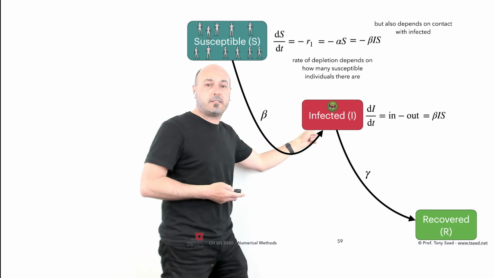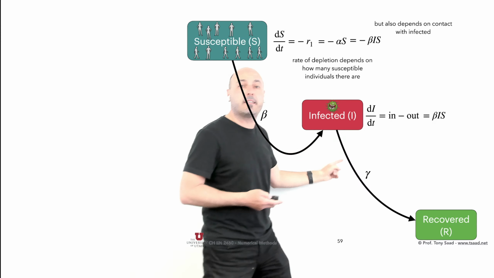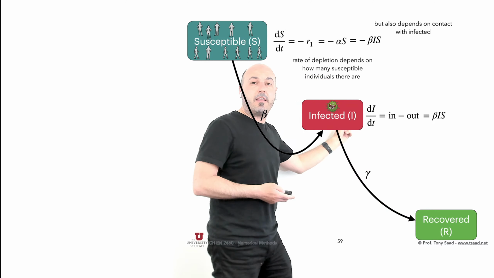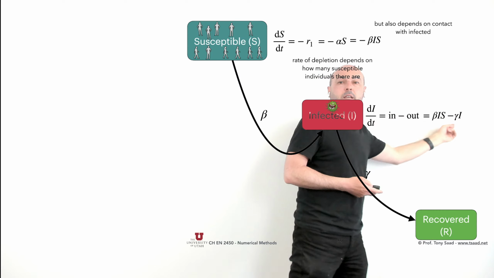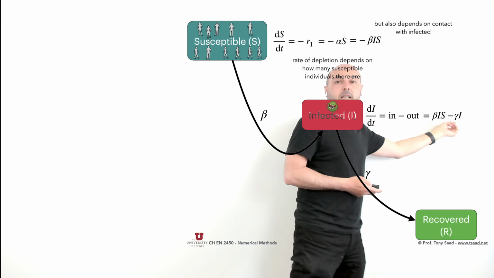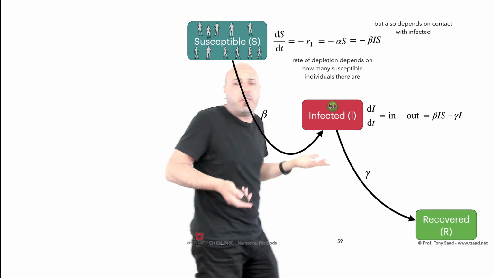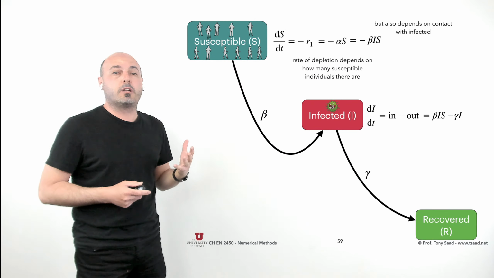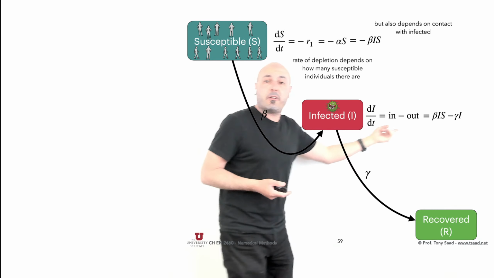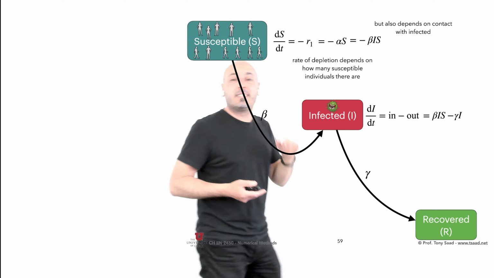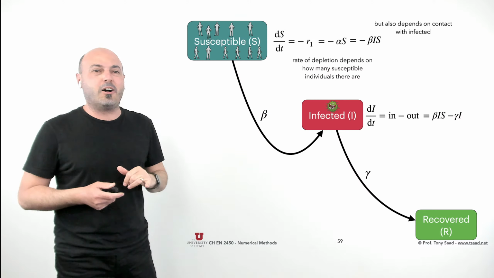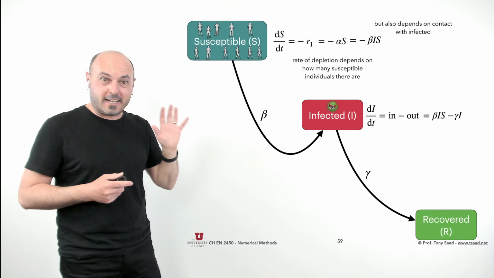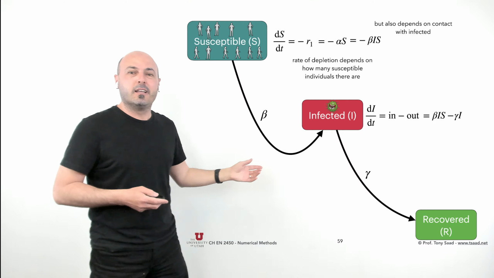And if we assume that the infected recover at a certain rate, gamma times I, to become recovered, then that's how many people are leaving the infected category. They're not interacting with anyone. They're just infected, they got sick, and they're just sitting there to be recovered. Turns out that gamma in this model is the inverse of the recovery time. So for COVID, it's 1/14 days, okay? That's an actual value for gamma, okay?